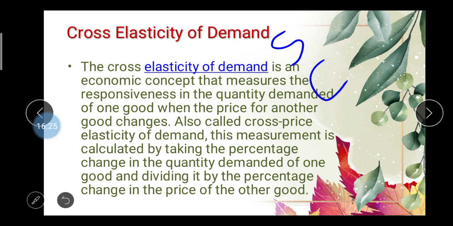Also called cross elasticity of demand, this is calculated by taking the percentage change in the quantity demanded of one good and dividing it by the percentage change in the price of the other good.